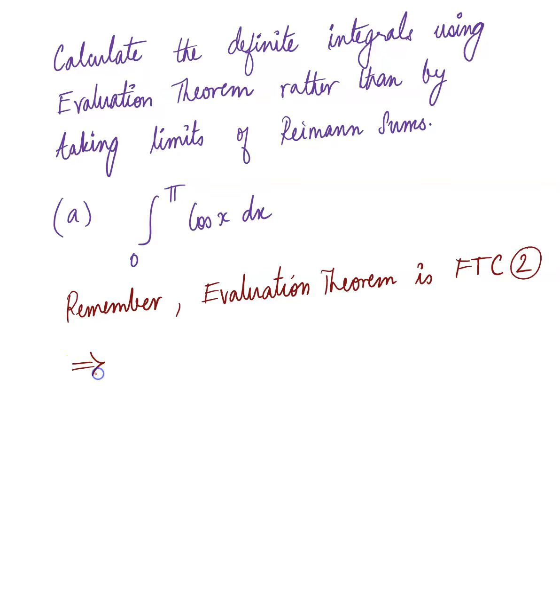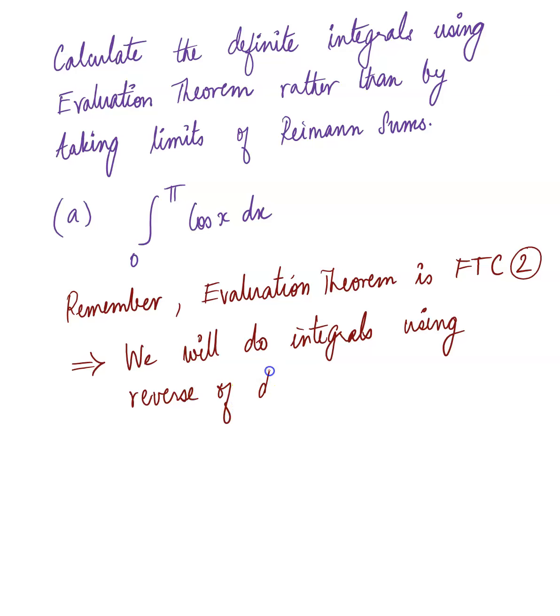So this implies we will do integrals using reverse of derivatives. So in other words, it implies that d over dx of sine x gives us cosine x, isn't it? Yeah. So derivative of sine x gives us cosine x.